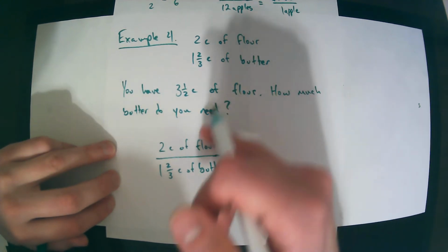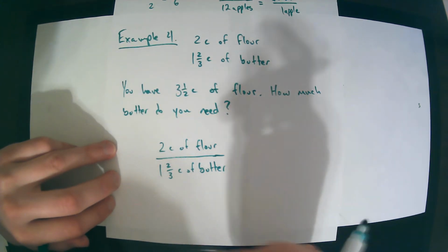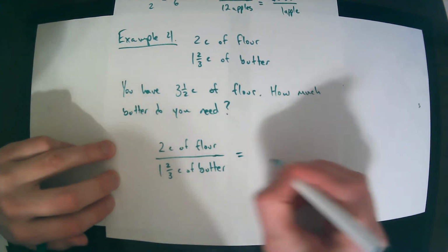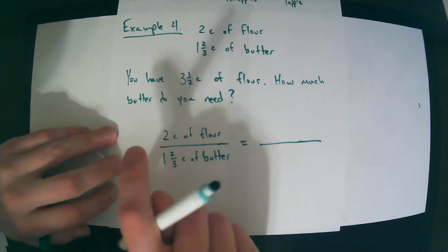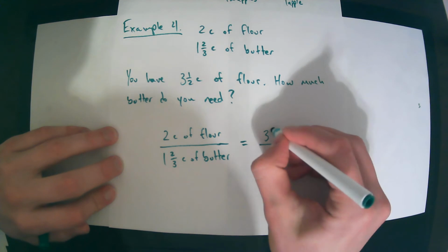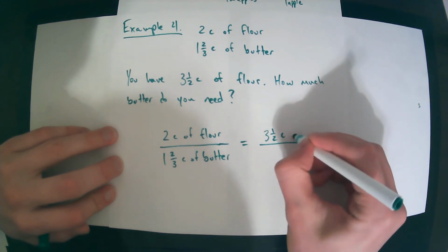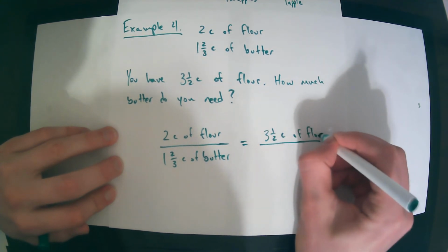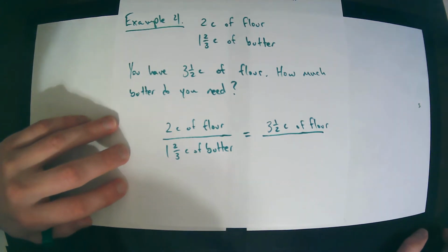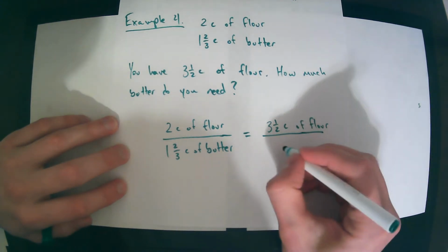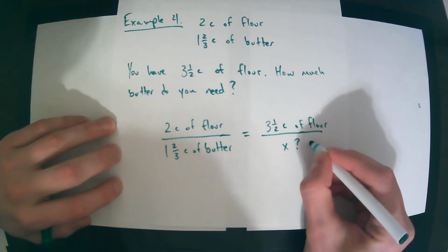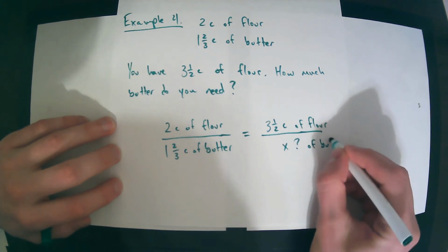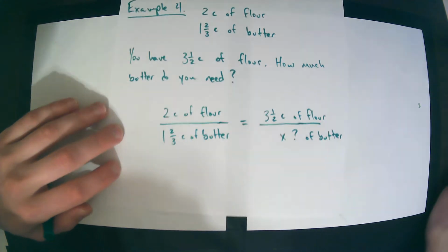And I want this rate to stay the same, so equal to a new rate where I'm going to scale up from the 2 to make it 3.5 cups of flour. And I want to know how many cups of butter I'm going to need.